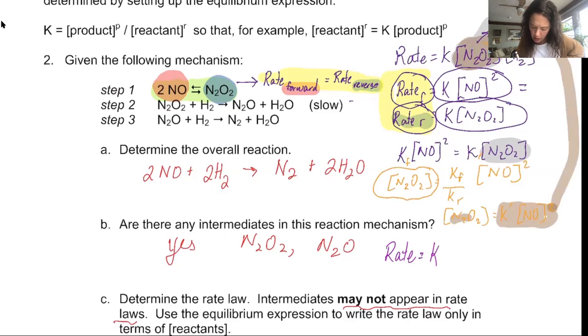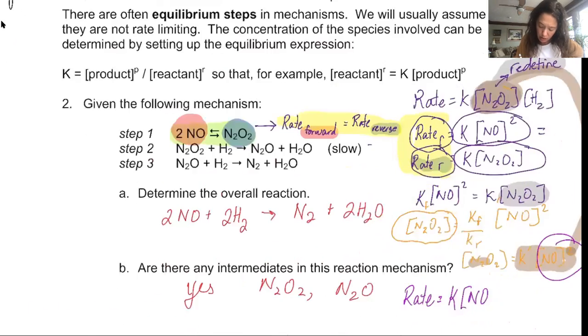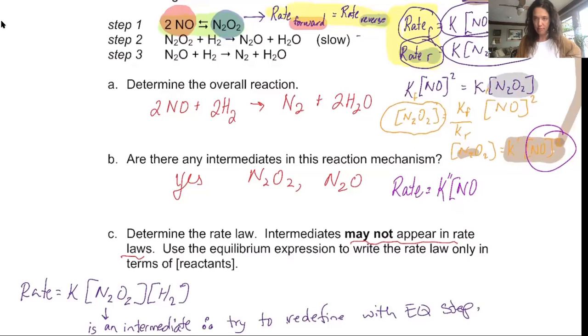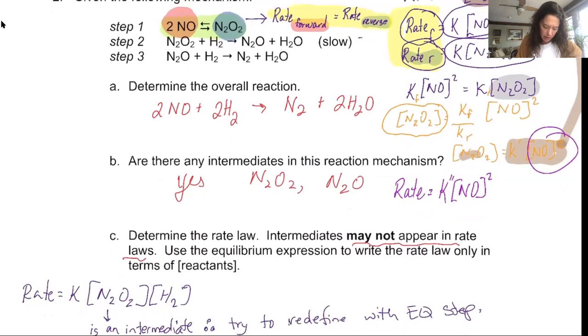equals K NO squared. Don't even worry about the K's, it's really a new K. You don't even have to worry about it. And don't forget the other part, we still have that H2 in there.